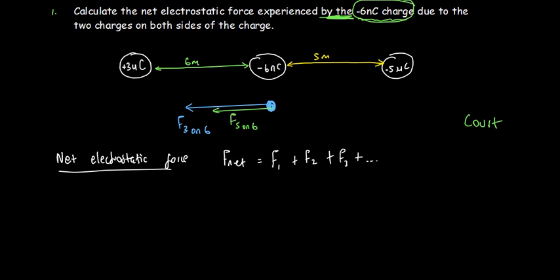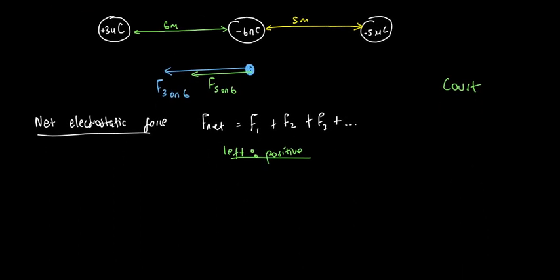So we're going to choose to the left as positive. Then we use the formula. Let's start with F of 3 on 6. This would be k q1 q2 over r squared.